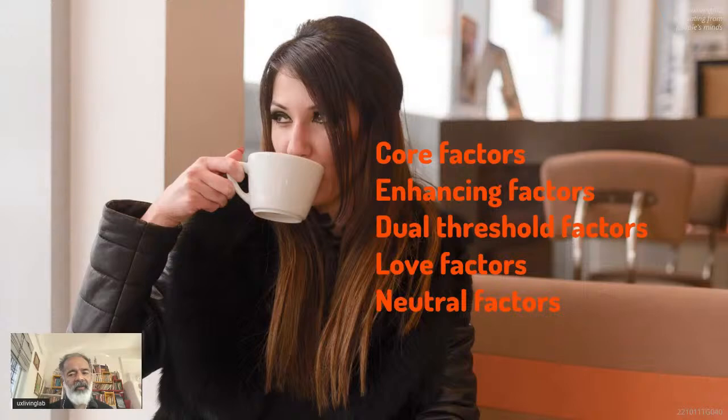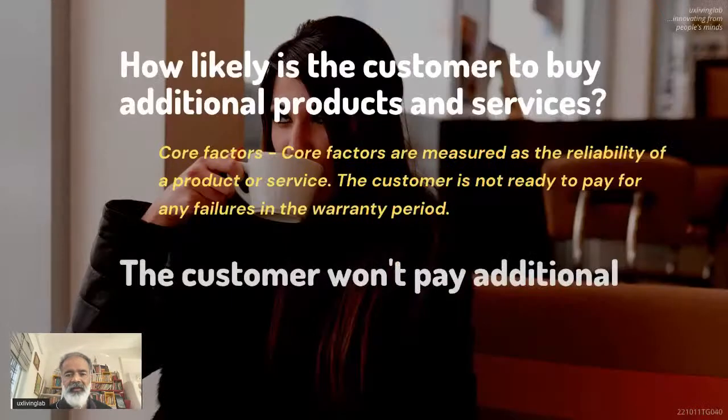Okay, core factor, enhancing factor, dual threshold factors, love factors, and neutral factors. You can define it. Core factors are measured as the reliability of the product or service. The customer is not ready to pay for any failure in the warranty period. I'm using warranty period because of the physical product. Think about a coffee.